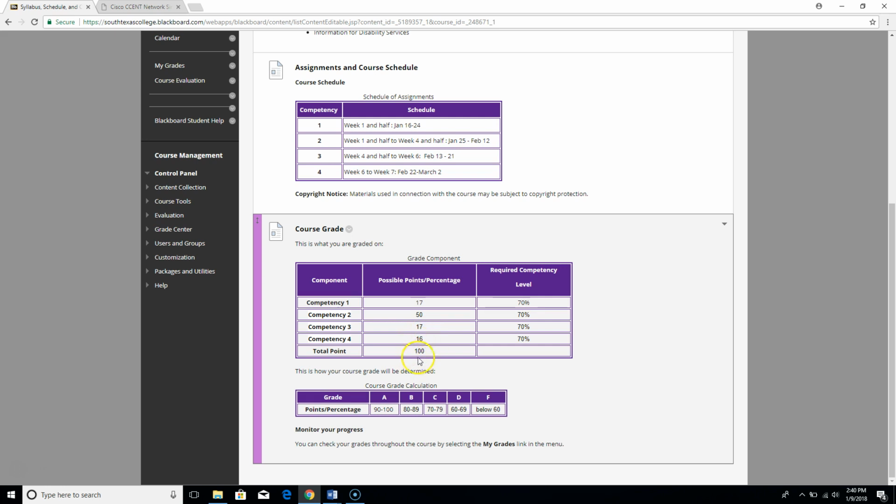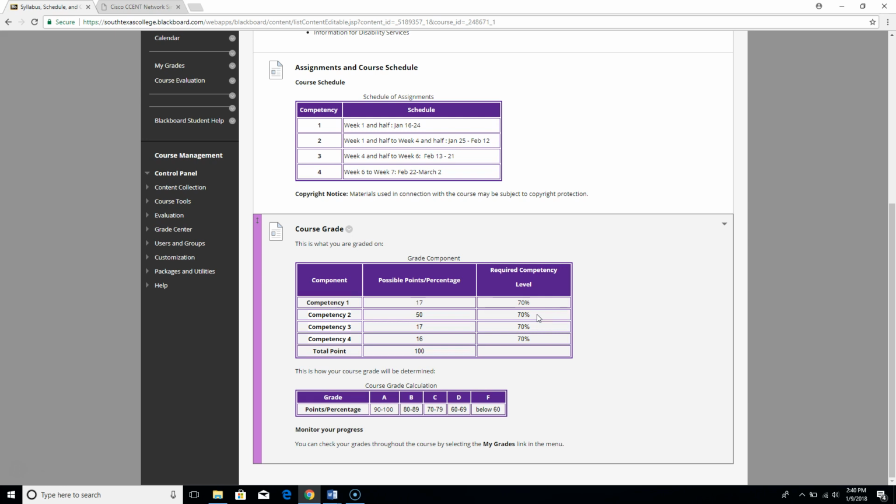So at the end, you will have about 100 points. The required competency level is 70% on each of these. That means each student must meet this requirement in order to get credit in the CITP competency-based education course.